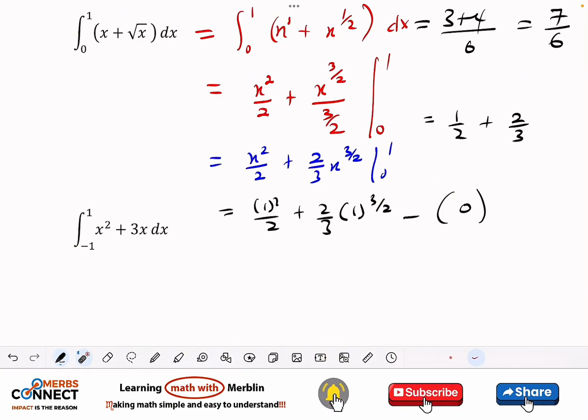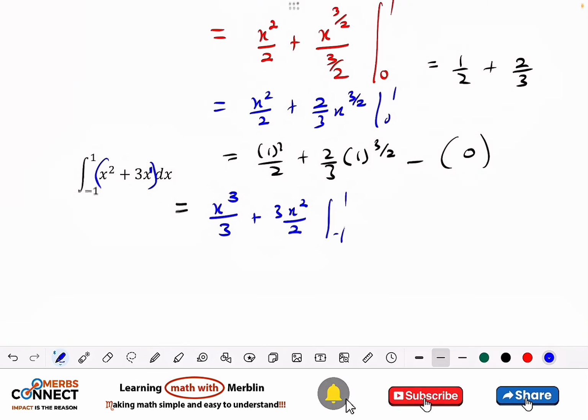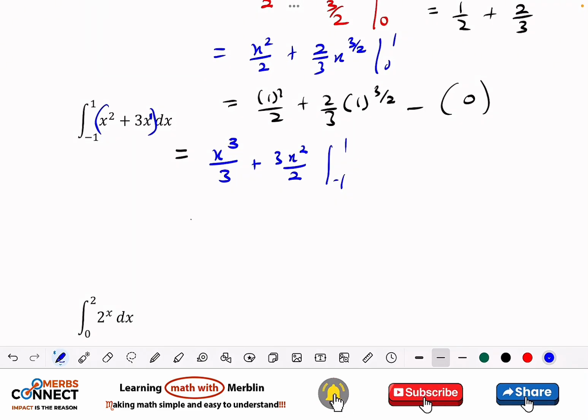Good. So now let's look at this question also here. This, we don't need to simplify. You can do the integration straight, right? So integrate x squared and add plus 1 divided by that, plus this is to the power 1, so x squared divided by 2, from minus 1 to 1. Plug in 1, plug in minus 1.